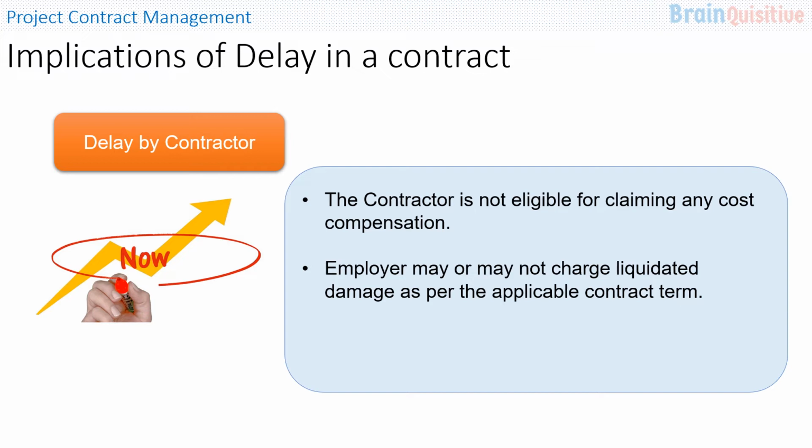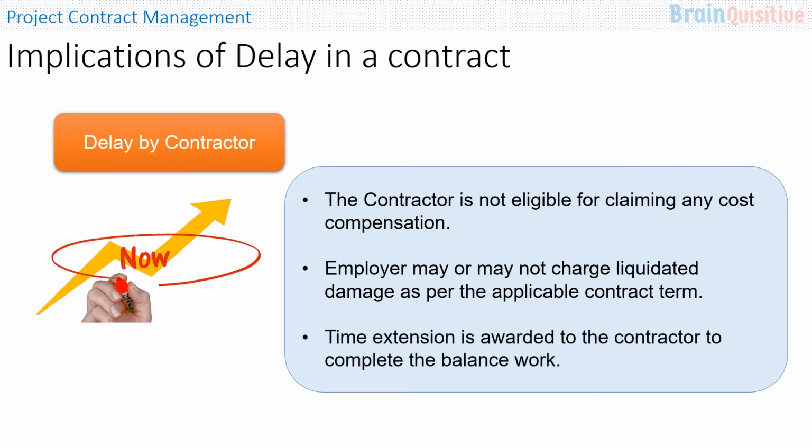The employer may or may not charge liquidated damage as per the applicable contract term. The time extension is awarded to the contractor to complete the balance work, but they are not entitled to claim any cost compensation for the delay arising from any fault of the contractor.